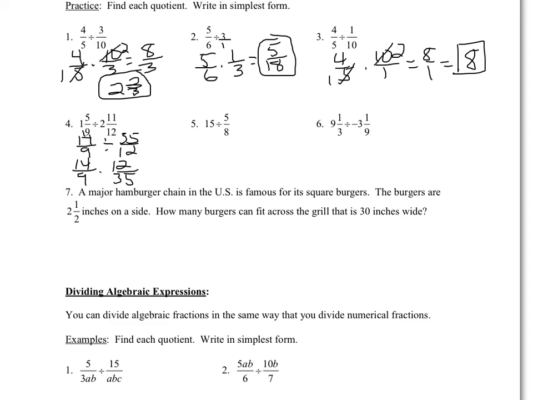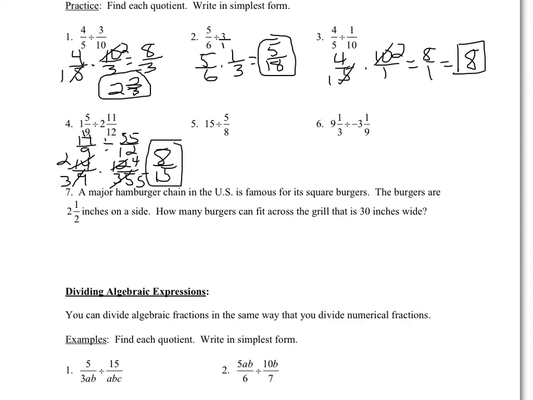So 9 and 12 can both be divided by 3. We get 3 and 4. And then 14 and 35 can both be divided by 7. 14 divided by 7 is 2. 35 divided by 7 is 5. 2 times 4 gives me 8 in the numerator. 3 times 5 gives me 15 in the denominator, so we get 8/15.